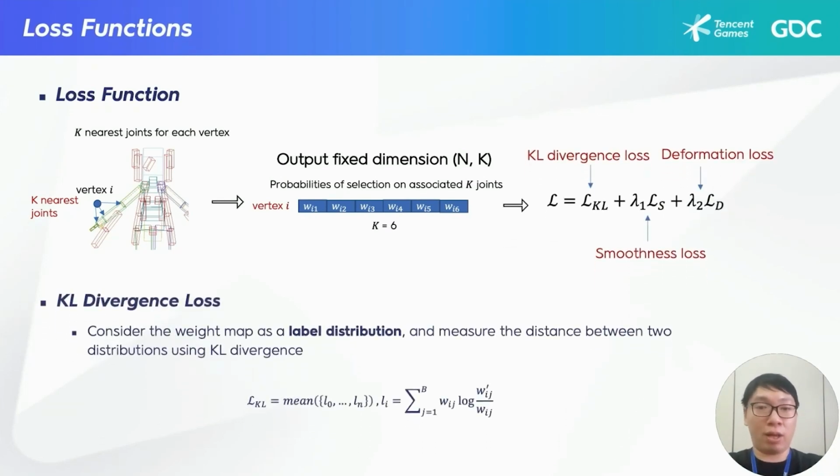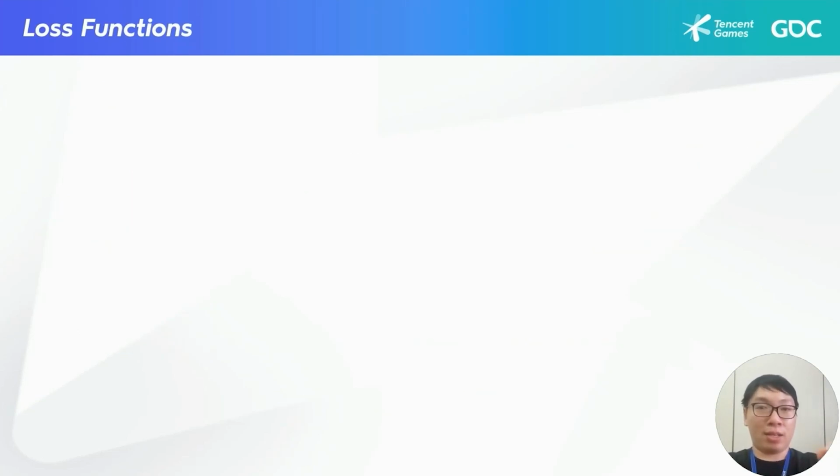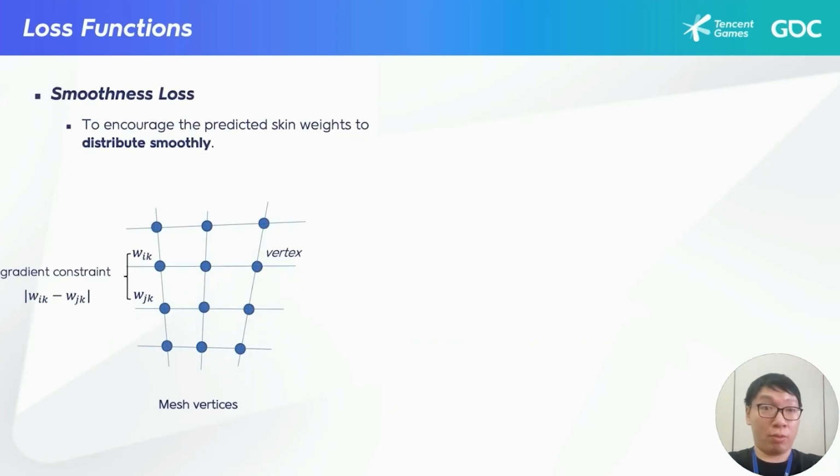Now, let's talk about our loss function, which has 3 terms. The first term is the KL divergence loss. We consider the output weight map as a label distribution, where the weight vector is a selection of k-nearest joints with different probabilities. We calculate the loss between the two distributions with KL divergence. The second term is the smoothness loss, which aims to promote even distribution of predicted skin weights by constraining the gradient of skin weights between adjacent vertices on the mesh.